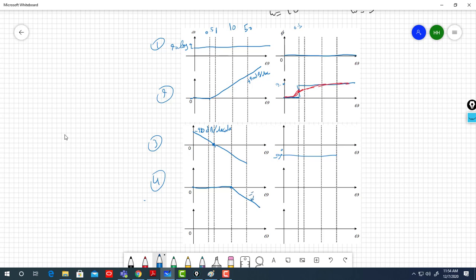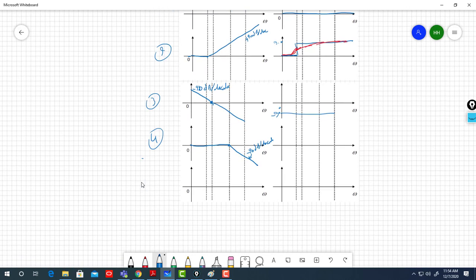So minus 20 decibel per decade, and this is the 10. And for the phase, it's 0, then minus 90. Of course, if you want the exact one, it is 0, here 45, then you go to minus 90.